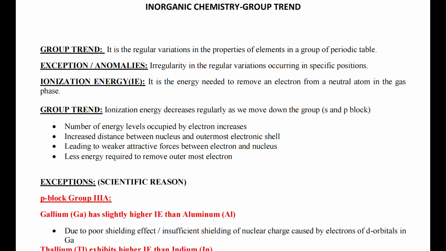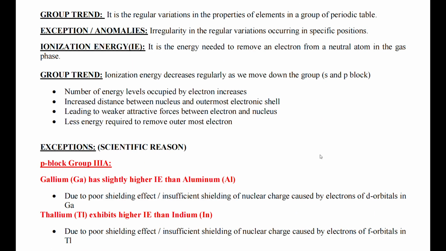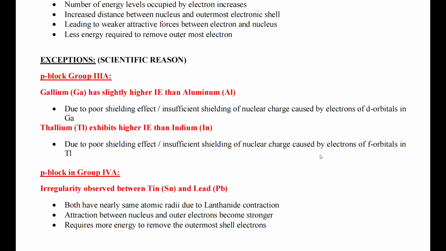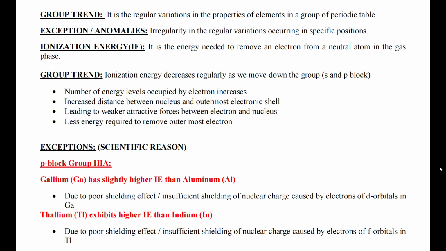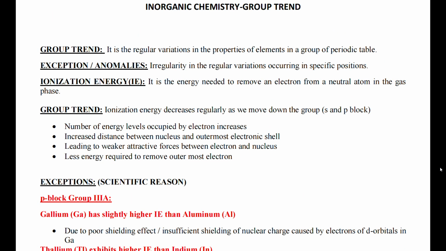How do you define group trend? Discuss the group trend of ionization energy. Gallium has slightly higher ionization energy than aluminium. There is an irregularity observed between tin and lead. Tin and lead have the same atomic radius. Why? How do you define ionization energy?